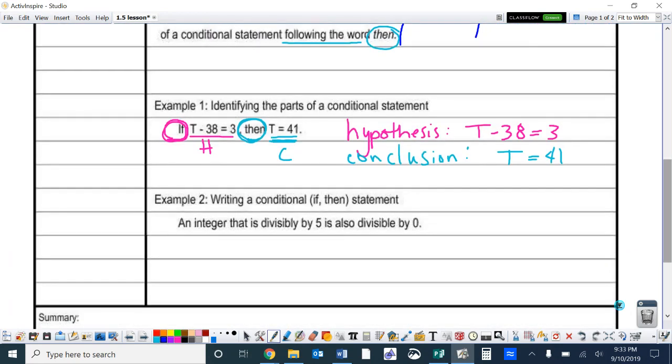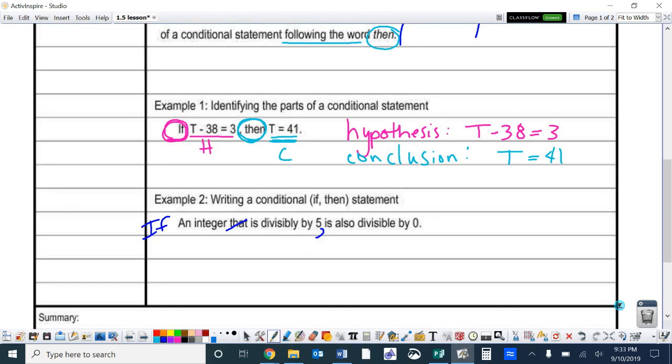Let's try another example. Let's now write a conditional, which is an if-then statement. So an integer that is divisible by 5 is also divisible by 0. Well, I can kind of play with that. So let me try putting an if in front. If an integer, that doesn't make sense. So if an integer is divisible by 5, we've got a natural pausing point.